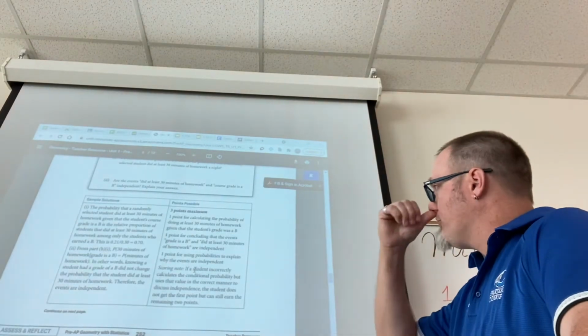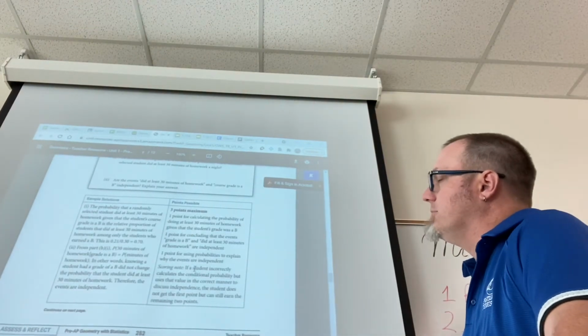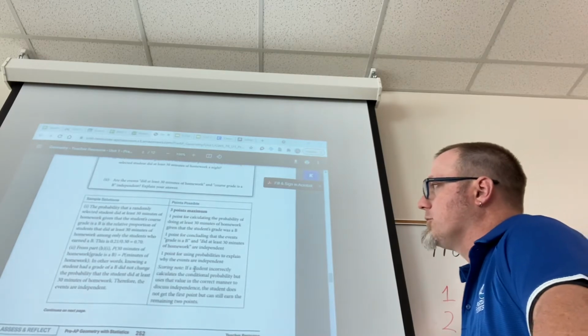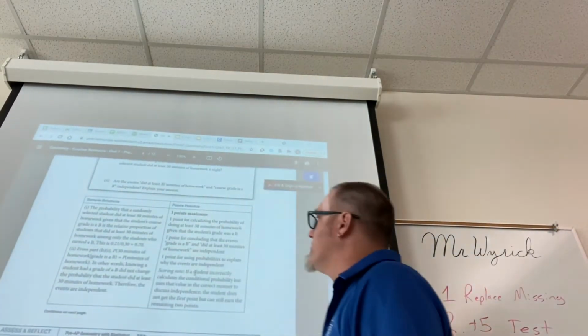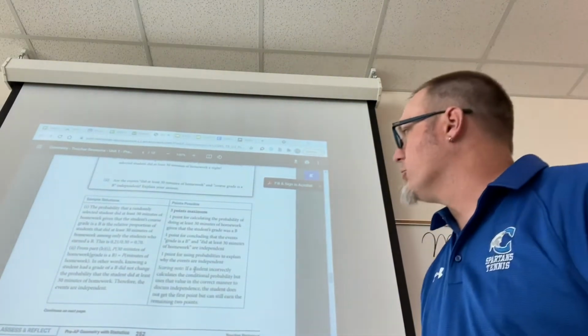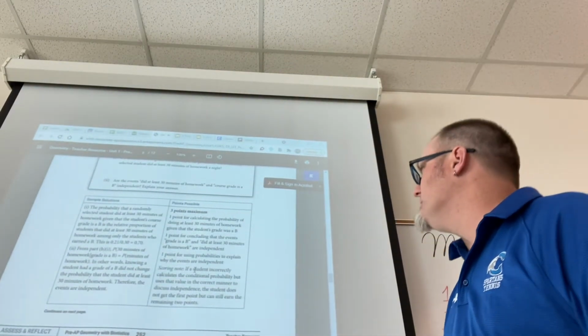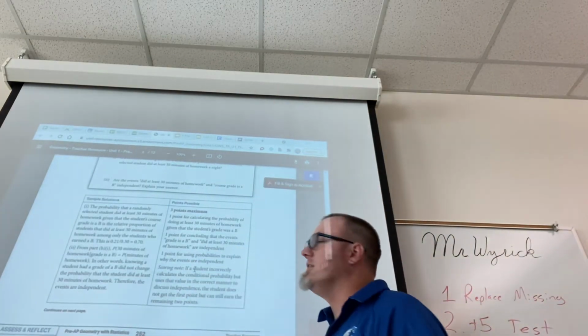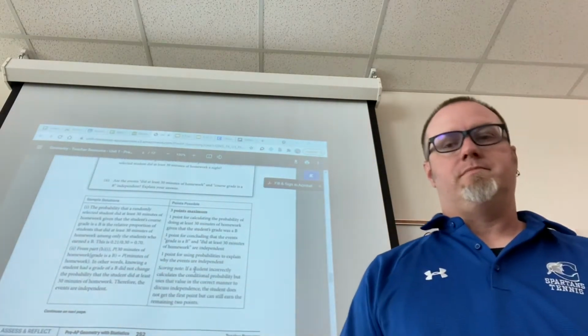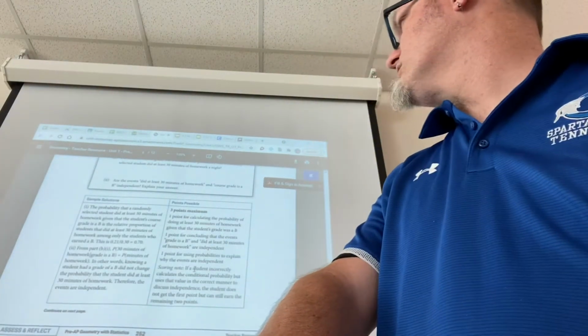There's 1 point for calculating the probability of doing at least 30 minutes of homework given that the student's grade was a B. So you having this 0.21 divided by 0.30 is 1 point. There's 1 point for concluding that they are independent and 1 point for using probabilities to explain why the events are independent, because the products match up.